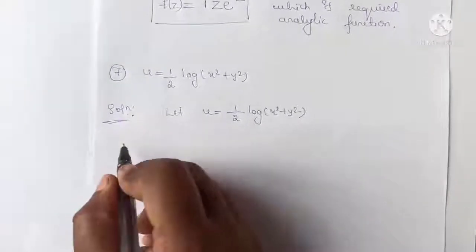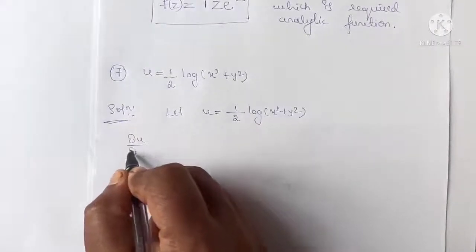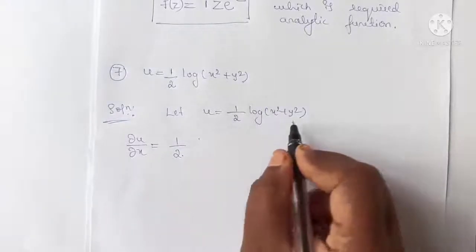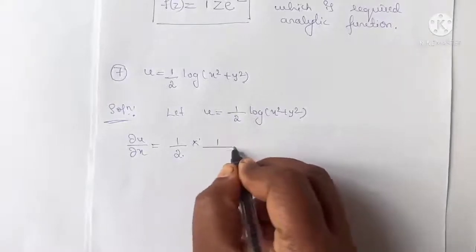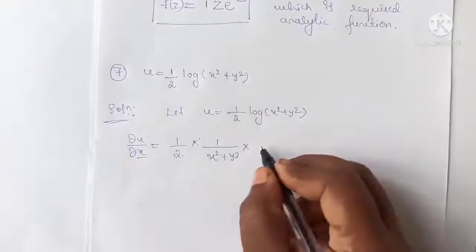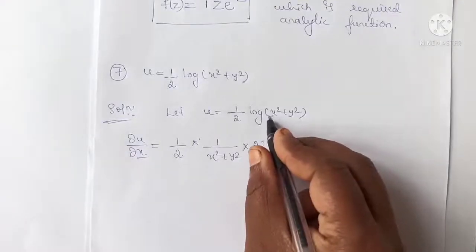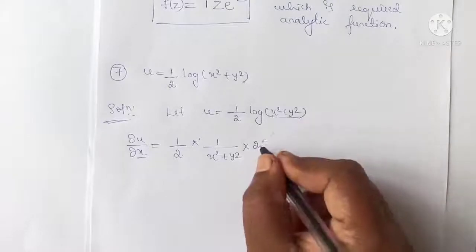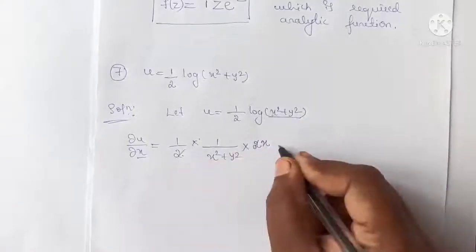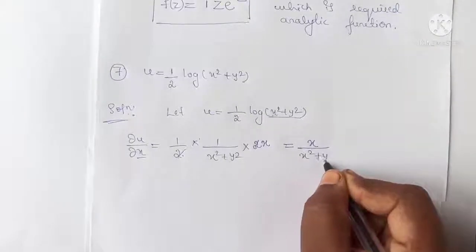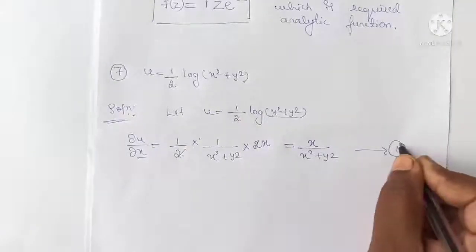Now differentiating this partially with respect to x, we get 1 by 2 constant, and the derivative of log is 1 by x, so it is 1 by x square plus y square into the differentiation of the bracket. y square differentiation is 0, x square differentiation is 2x, the 2 cancels, we get x divided by x square plus y square. Consider this as equation 1.